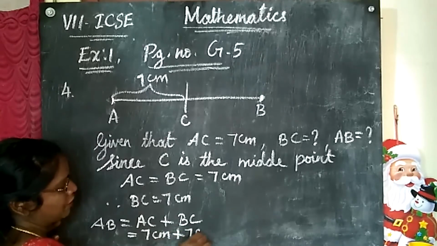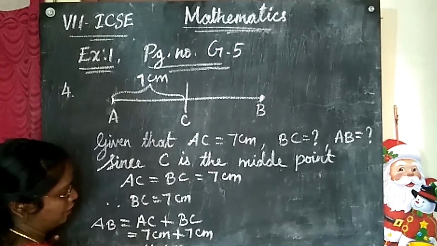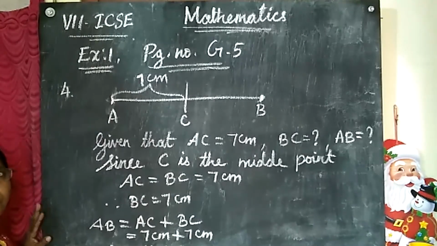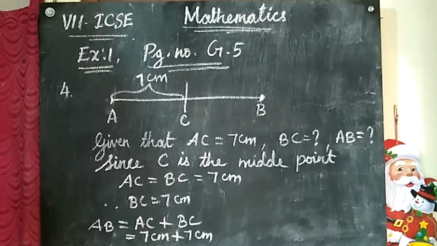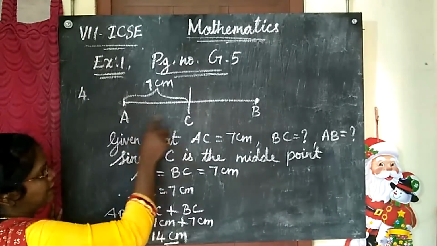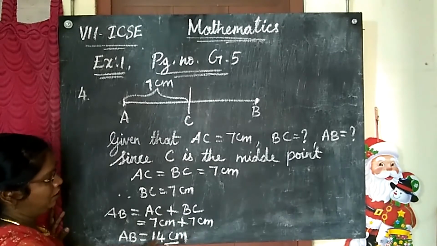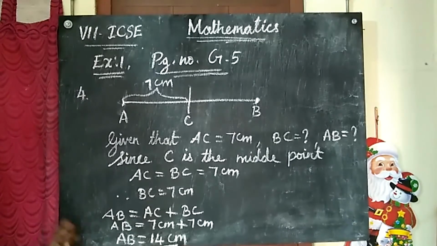What is BC? 7 cm. 7 plus 7 is 14 cm. Okay, AB is equal to AC plus BC, that is 7 cm plus 7 cm, that is 14 cm. Copy down.